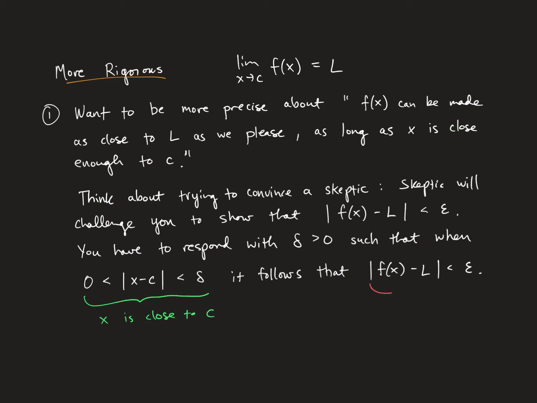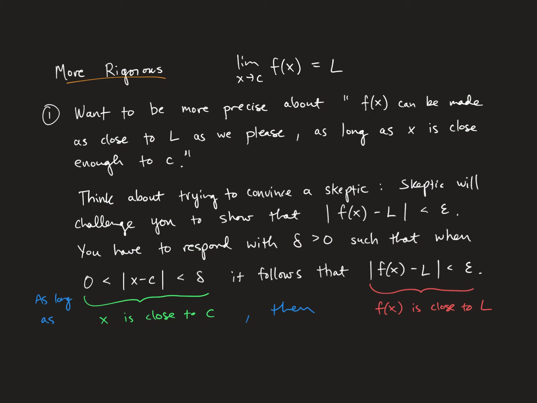And this here is just a quantitative measure of saying that f of x is close to L. So we can read this line as just saying, as long as x is close to c, then f of x is close to L.